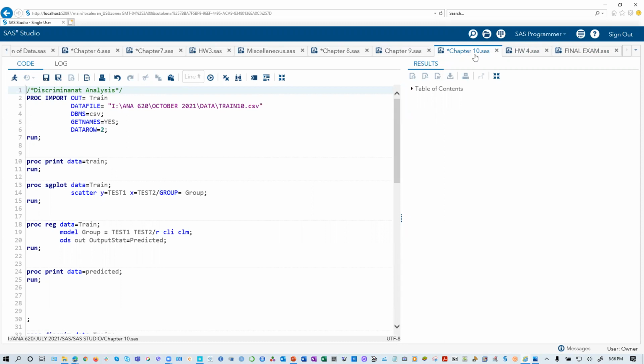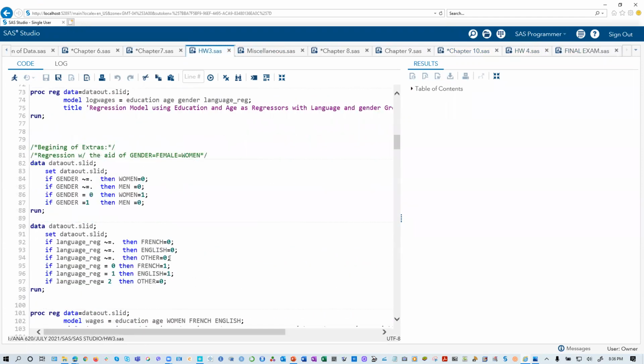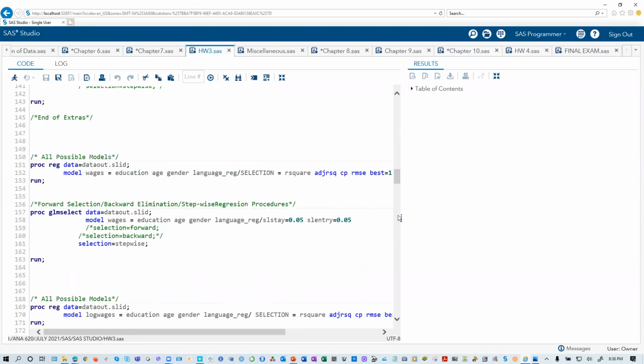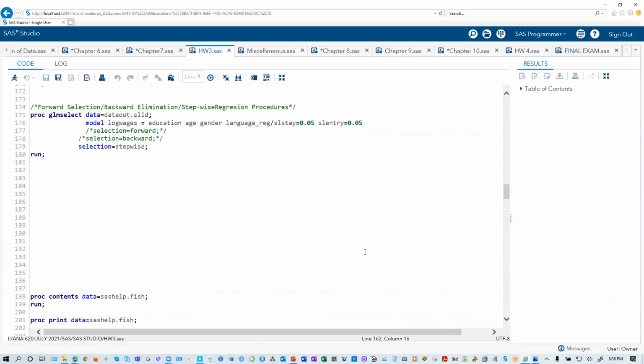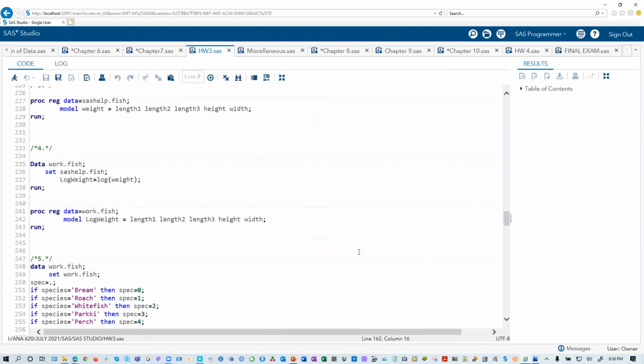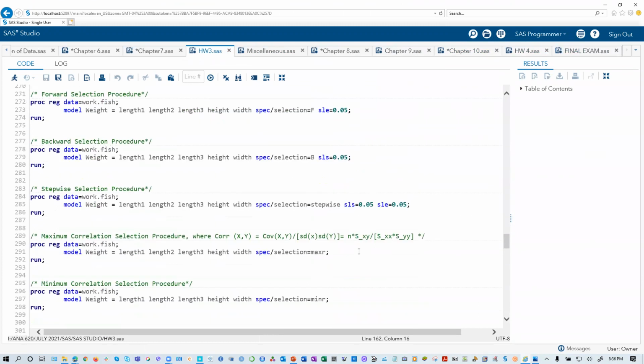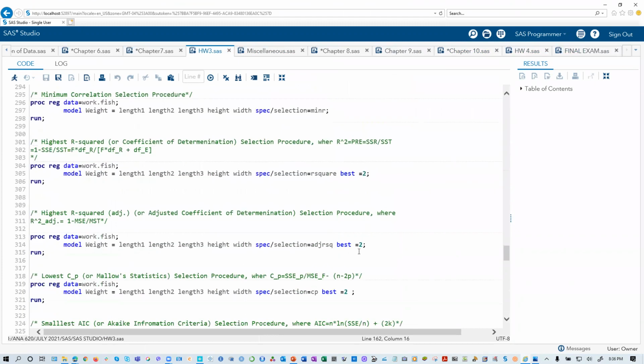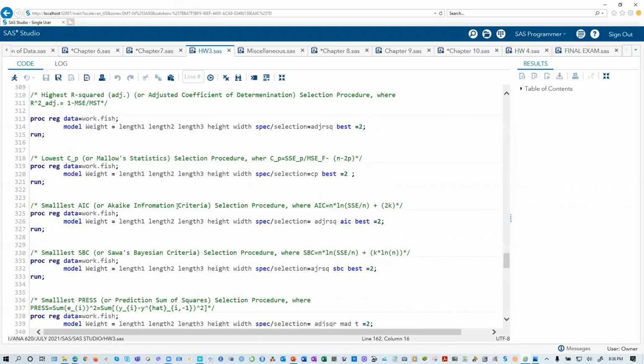In addition to this chapter, this homework 3, can you remember under the fish data, we were talking about all possible selections. At a certain point, we couldn't run Akaike yesterday.